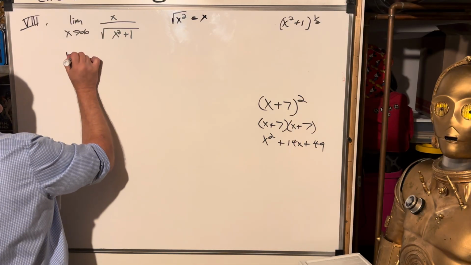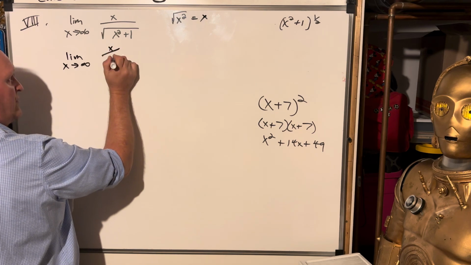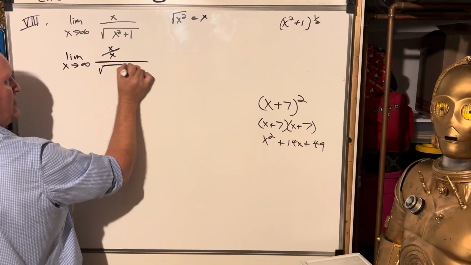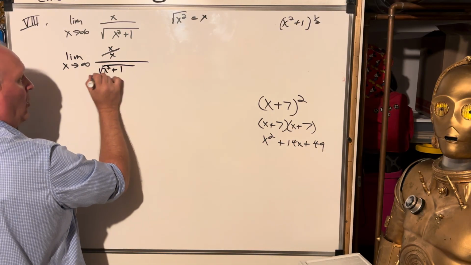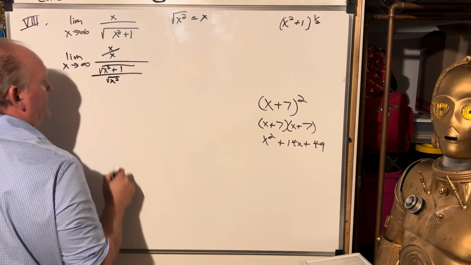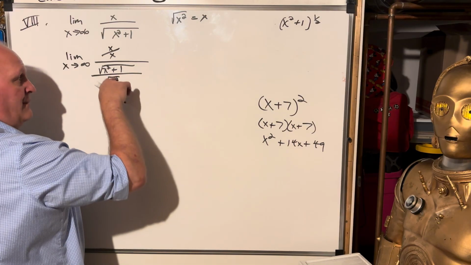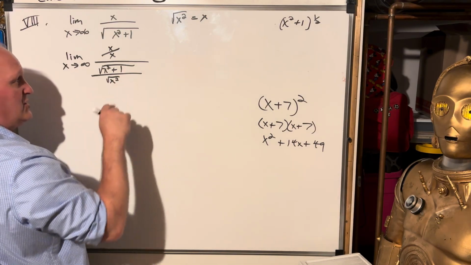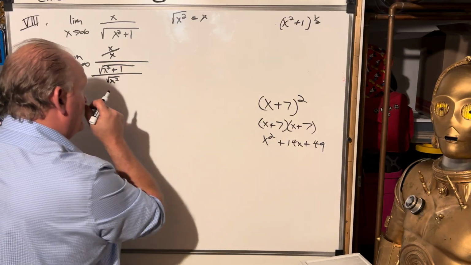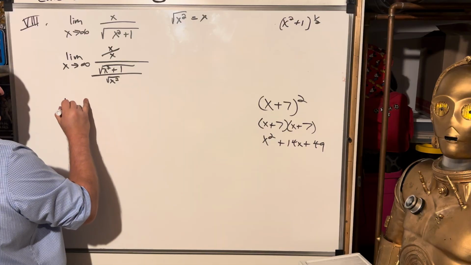So the limit as x approaches infinity of x over x, essentially, divided by the square root of x squared plus 1 over the square root of x squared. Now, I can't write it underneath each thing. That's not correct, because then I would again have the square root of 1, and that's not okay. So what we're doing now, we can simplify.